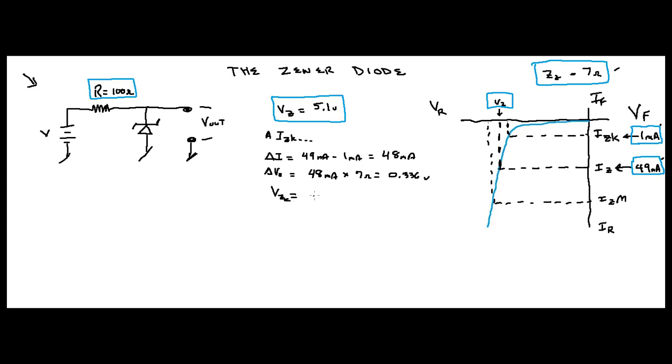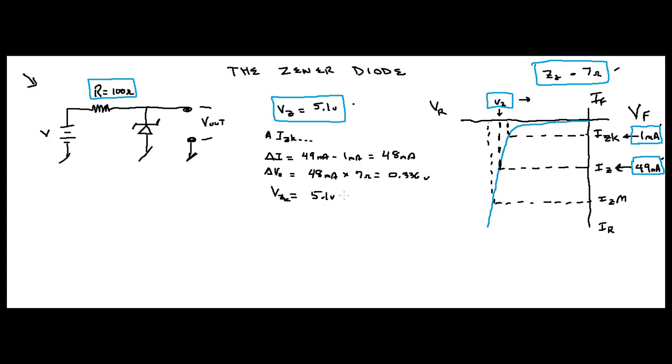okay, right, the knee, that's going to equal 5.1, right? And that comes from up here, right? That's VZ. Now, since we're looking here, we know it's going to shift in this direction, so it's going to be smaller.